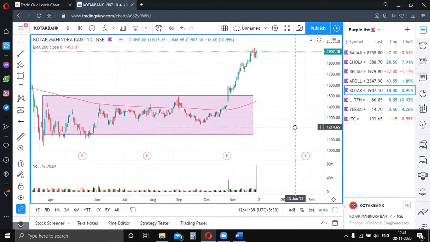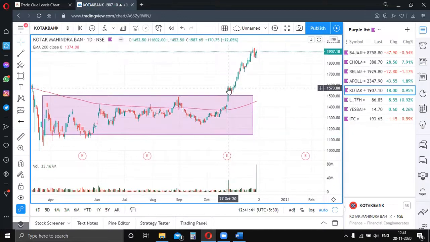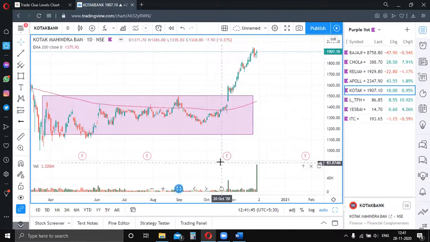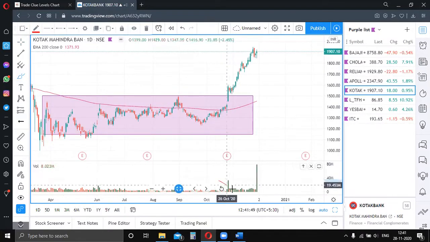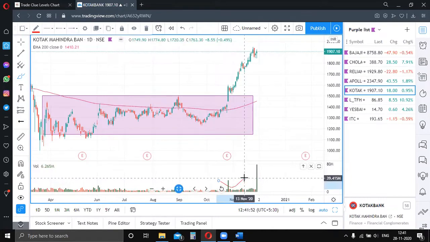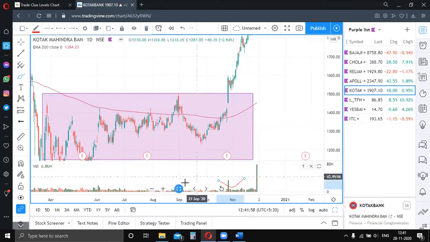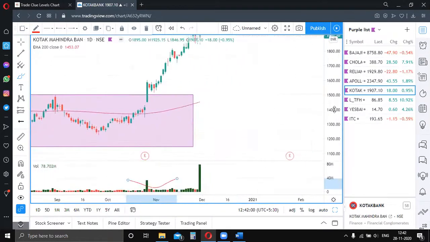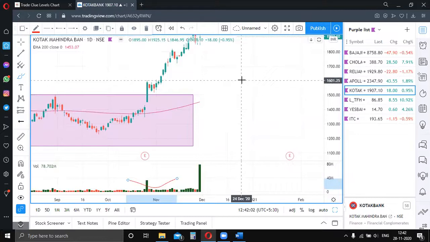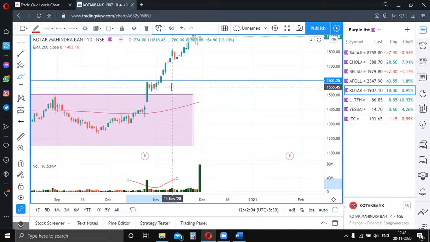Now when I'm getting a very strong candle above that zone, above the 200 moving average, backed with very solid volumes, I know that big people are actually interested in that stock. They're buying heavily. Now you need to be a little patient, and see whether I'm getting a fall off in buying in that stock.